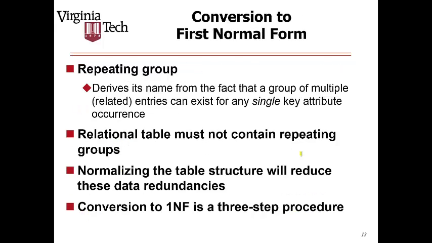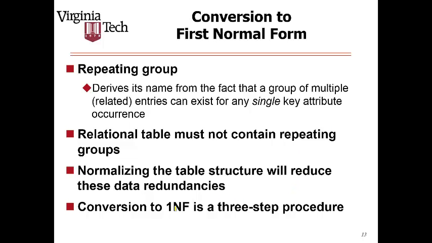Well, so what do you do to convert to first normal form if you haven't already done this in the process of developing your ER model? You remove your repeating groups. And so what we do is we have to come up with a way to make sure that we don't have these repeating groups.